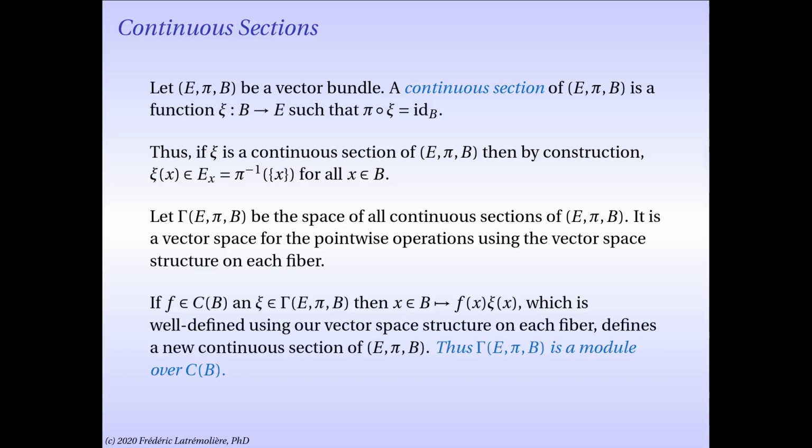It is easy to check that fψ thus defined is a continuous section of our bundle. Thus, we have defined a left action of the C*-algebra C(B) on the space of continuous sections of our bundle. With this action, the space of continuous sections becomes a module over C(B).